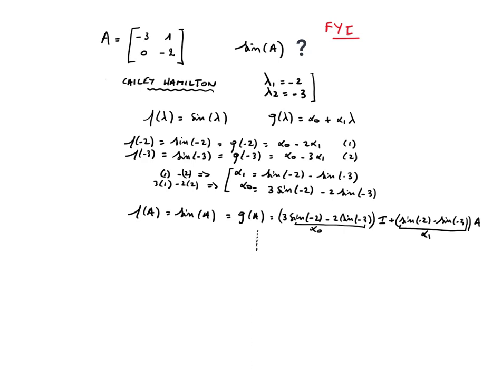Again, if you go through the calculations, you'll see that the sine of A is equal to a matrix with entries the sine of -3, the sine of -2 minus the sine of -3, and the sine of -2.